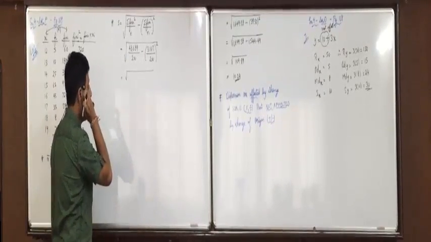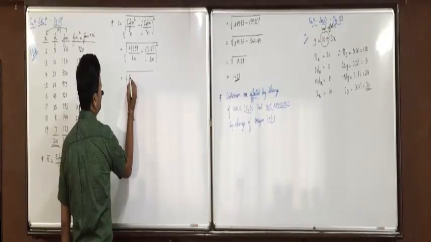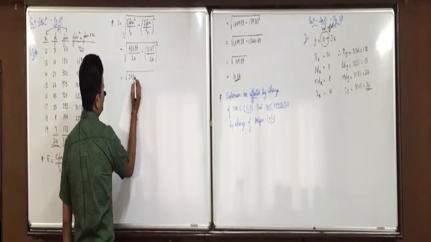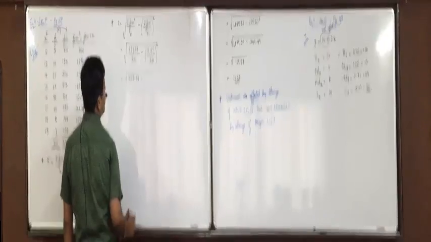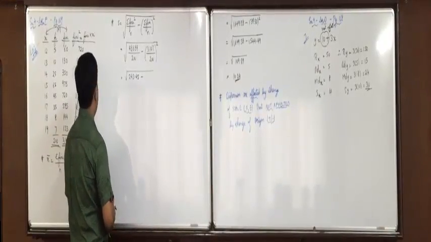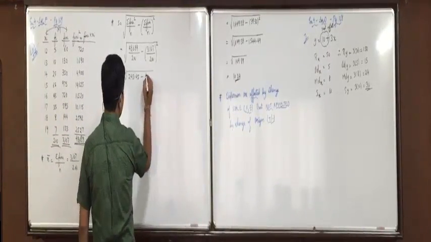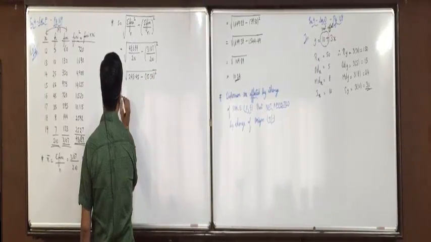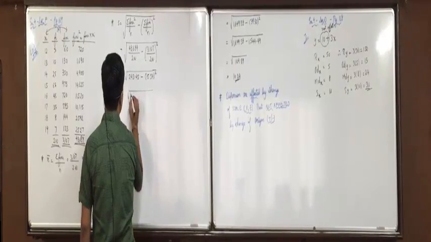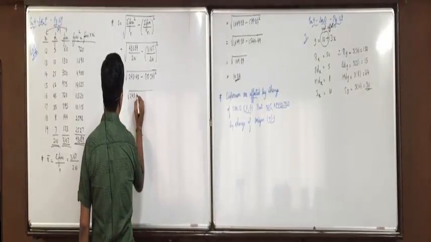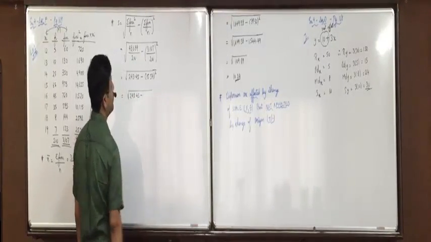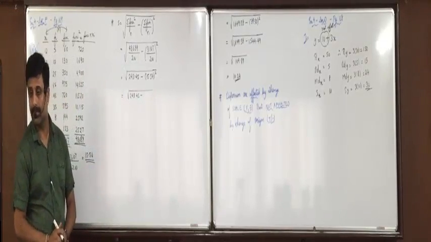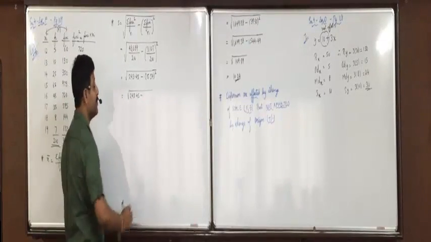Now 48689 upon 200 is 243.45, minus 3107 upon 200, 15.54 square. 243.45 minus, what is 15.54 square?